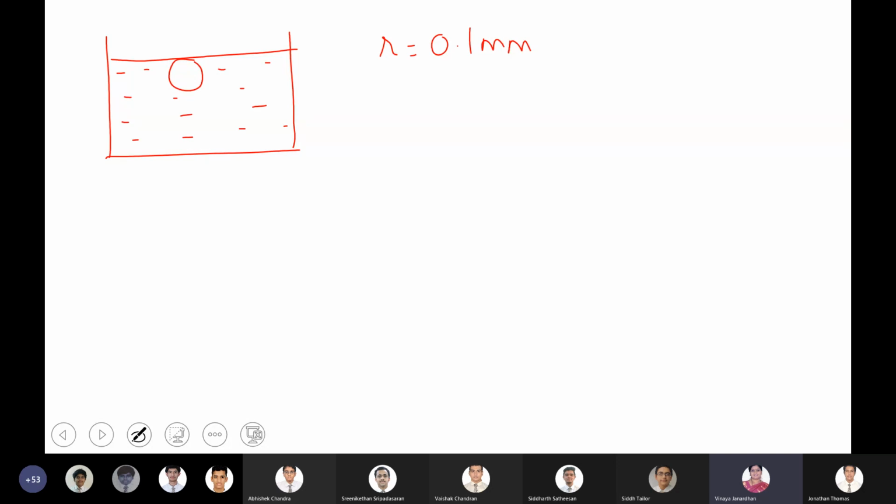What should be the pressure inside a small air bubble of radius 0.1 millimeter just below the surface of the liquid?